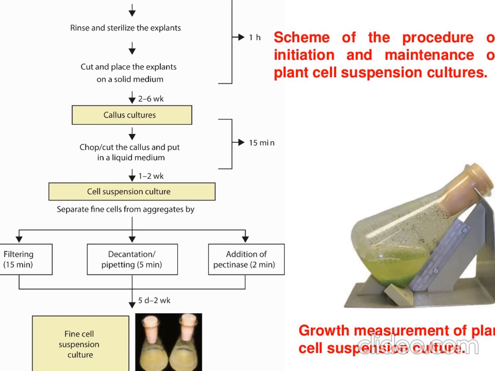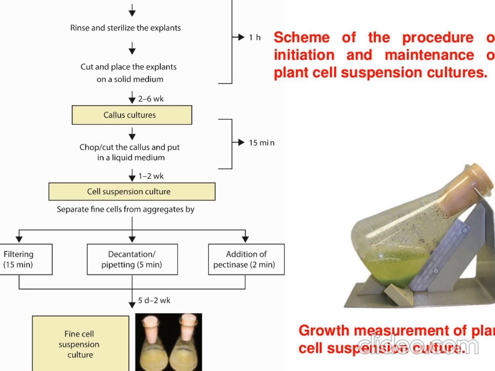Generally, this is the scheme of producing suspension cultures. You can start with a fresh explant like a leaf or any kind of plant part, sterilizing it, cutting it and putting it on a solid media, incubating it for about 2 to 6 weeks. Then you will develop a callus culture, and this callus is further added into liquid media, as chopped callus or friable callus, and after every 1 to 2 weeks you can get the cell suspension culture bulking up.